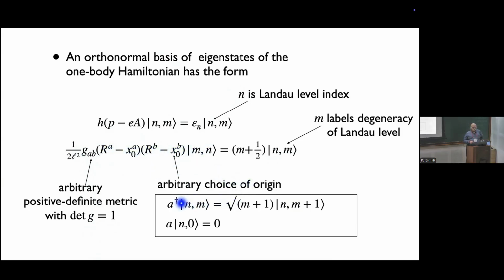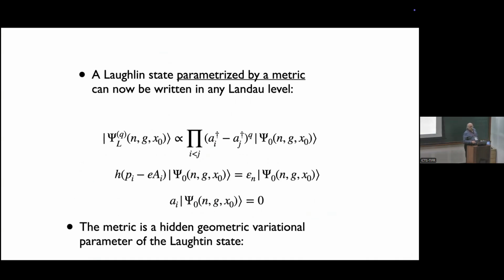So I've got a basis of states of the Landau level, which you can go up and down with harmonic oscillator type raising and lowering operators. And the Laughlin state can actually be defined. The Laughlin state, we can focus on its structure within the Landau level itself, just as a function of the guiding centers. And the Laughlin state actually contains within itself a hidden parameter.